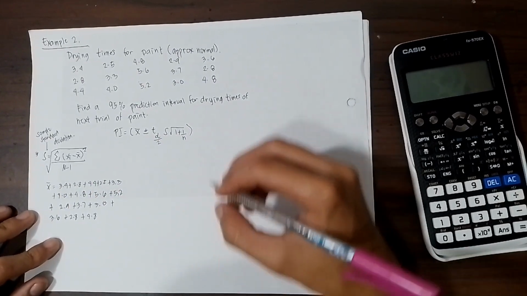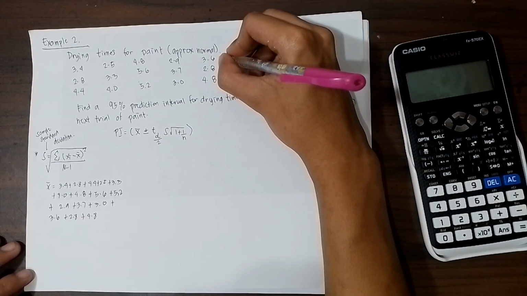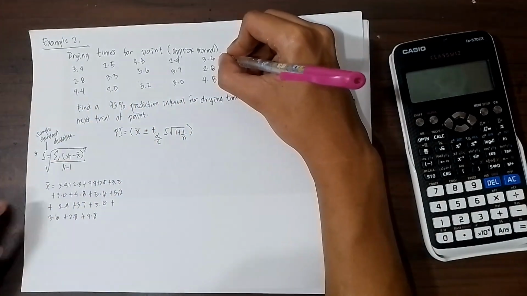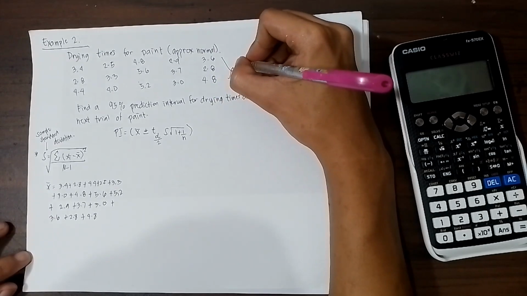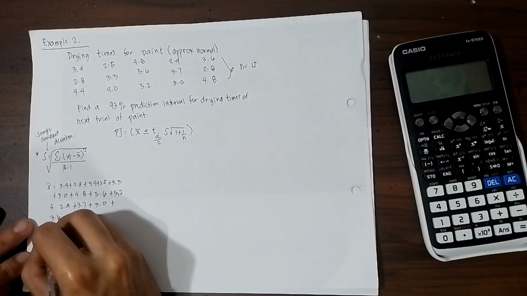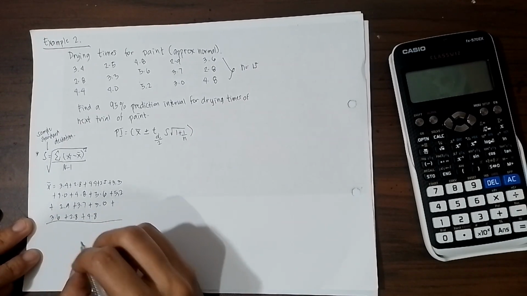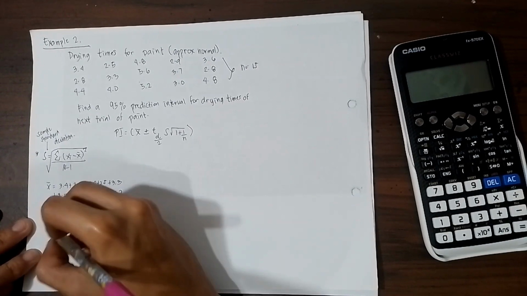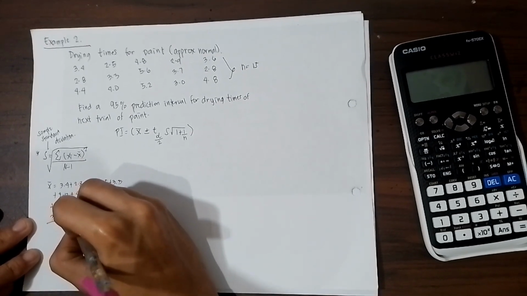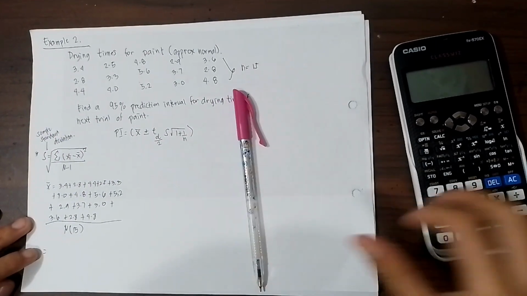Counting the sample size, n is equal to 15. So the sum is divided by 15, the number of variables.